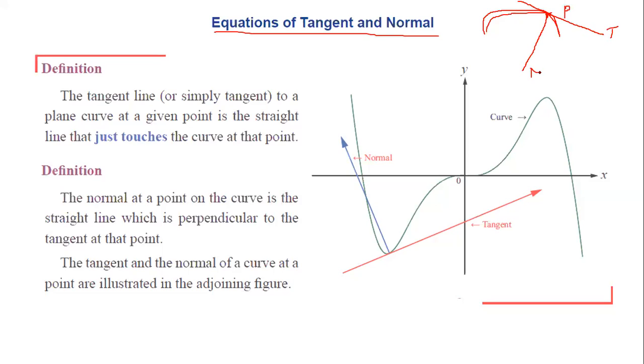Similarly, if it is a function of x, y equals f(x), then at every point of this function the tangent exists. If you take one point here, you can draw a line parallel to that vector.